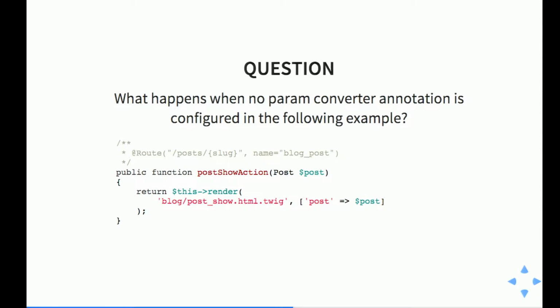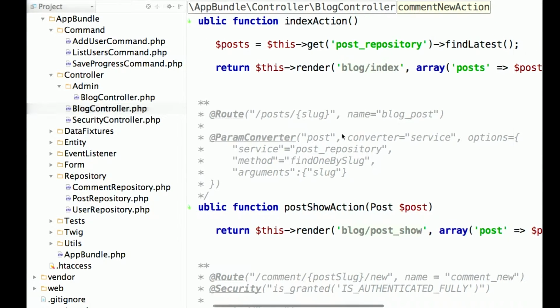The branch we currently checked out has a param converter explicitly defined, and it's a param converter that calls a service. I'm just saying all this, and we won't do any exercises related to it, to show you what we've done here.